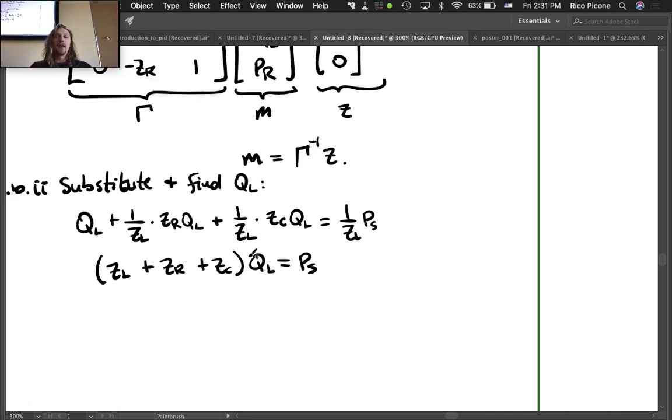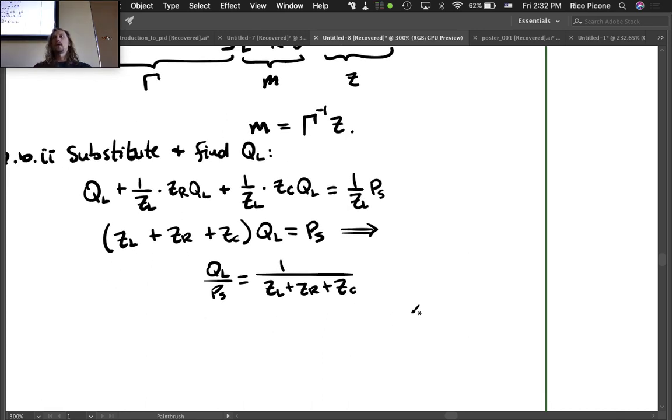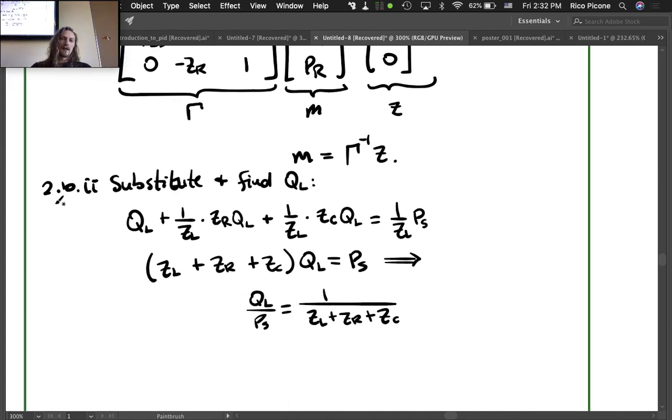It's the output over the input, so therefore, the output QL over the input PS is equal to 1 over ZL plus ZR plus ZC. Very good. So step 3, we just did step 3 actually. So this is step 3.